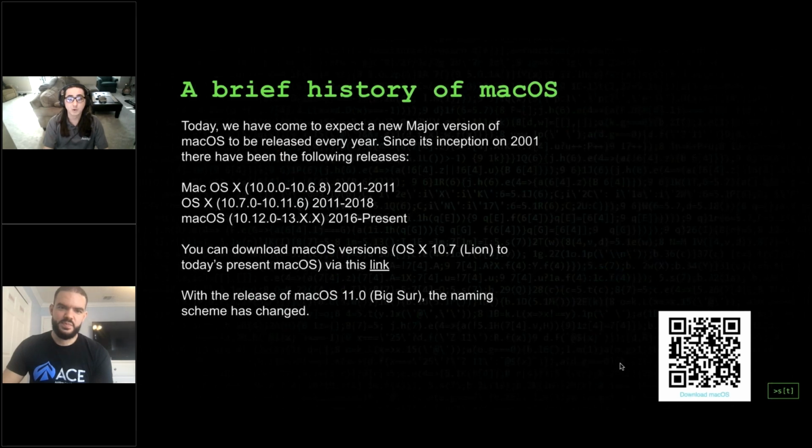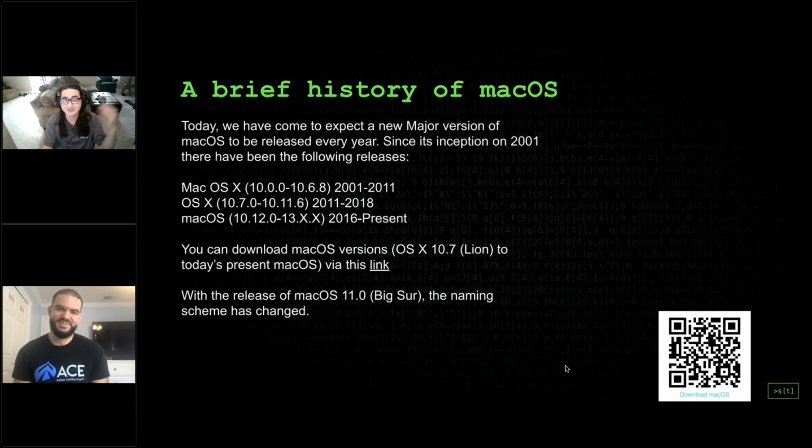So macOS, right? The big things and a big change that you may not even necessarily have been aware of, especially if you're coming into Apple management as someone who's new to it from a Windows history. Apple made a pretty drastic change with the release of macOS Big Sur, and the big change, amongst other changes to the operating system itself, was just the naming convention. Up until that point, Apple had been using Mac OS X, right?